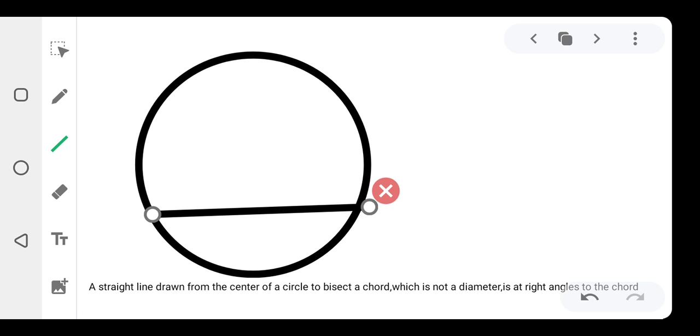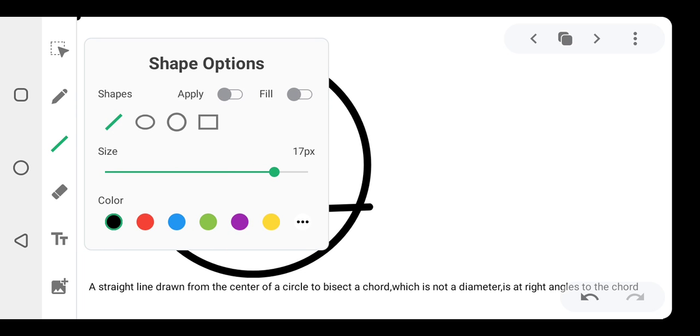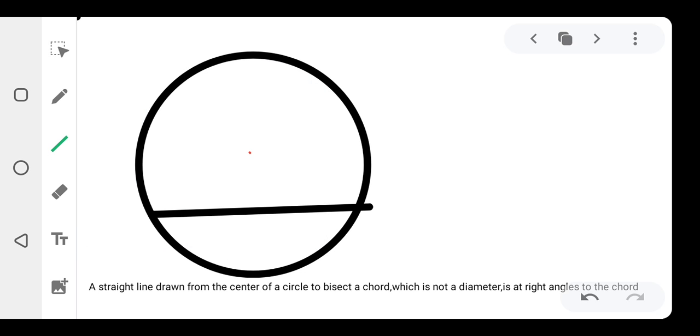According to this theorem, a straight line drawn from the center. Let us pick this as the center of our circle. A straight line drawn from the center of a circle to bisect, that is to divide this chord into two. Let's say this is a straight line drawn from the center to bisect this chord, which is not a diameter.